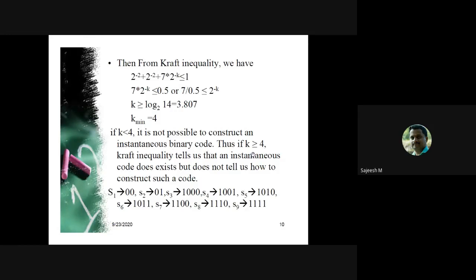Thus, if k is greater than or equal to 4, the Kraft inequality tells us that an instantaneous code does exist, but does not tell us how to construct such a code. That is one point. If the Kraft inequality is satisfied for a set of code word lengths, we can say an instantaneous code exists, but it does not tell us how to construct such a code.